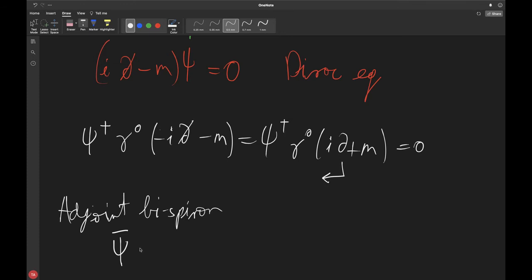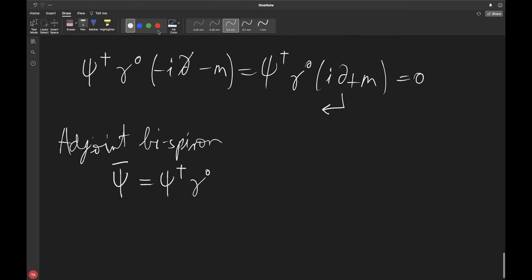So psi bar is the same as psi dagger and gamma 0. So with this, we can put this back and get that psi bar, i del slashed plus m, is also the same as 0.